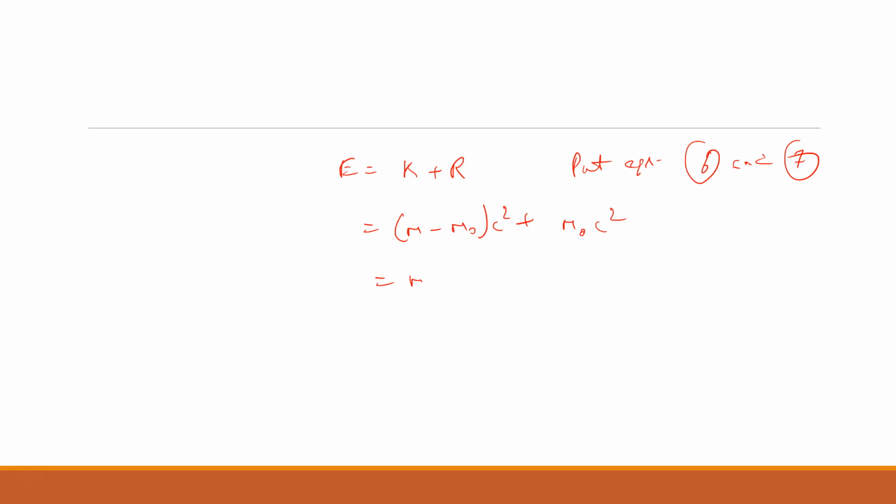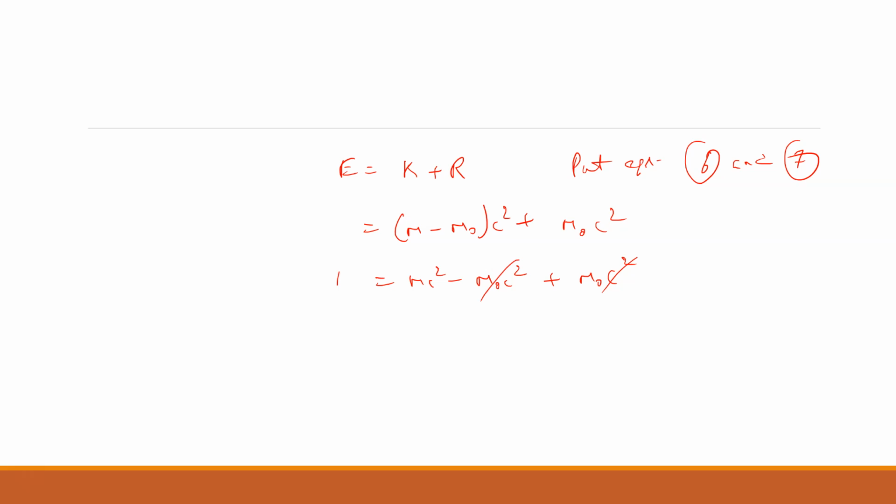So total energy will be kinetic energy plus rest mass energy. Put equations 6 and 7. It will be (m minus m naught) c square plus m naught c square, so mc square minus m naught c square plus m naught c square.